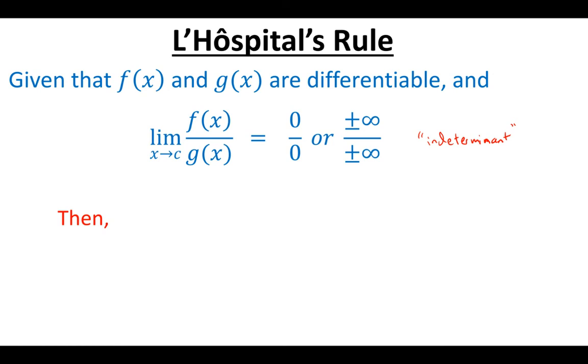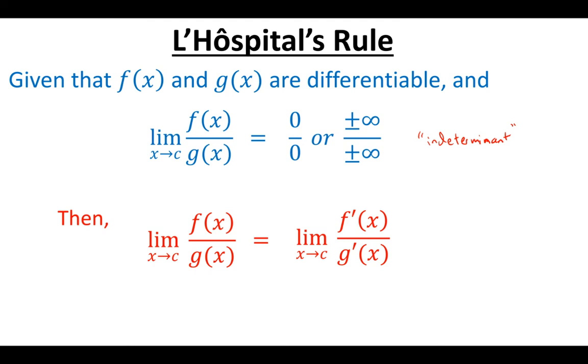We've got to do something to this function to make it work. So if that is the case, he found a little trick that we can do. We can take this original limit as x goes to c of f of x over g of x, and we can simply take the derivative of the top and the derivative of the bottom, and then see if we can find the limit.